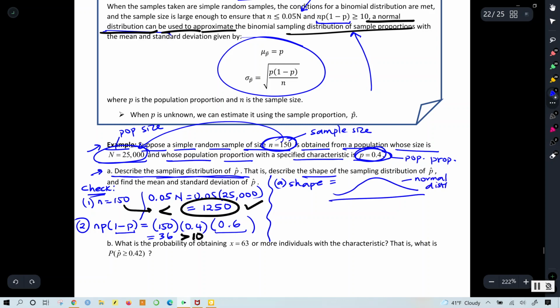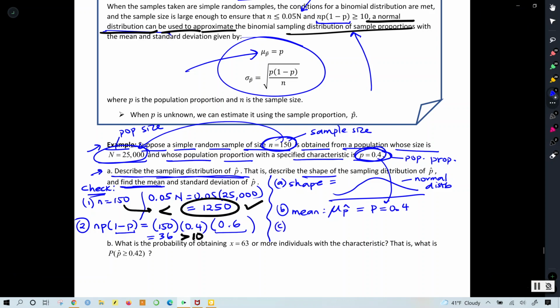And the shape of the normal distribution. I can find the mean using this formula. So B, the mean of all the sample means will be the population mean, which is 0.4 directly, no calculations necessary. Question C, then the standard deviation of P hat.